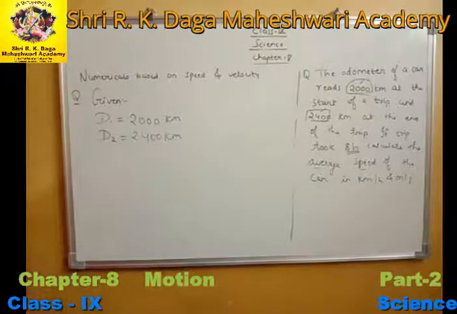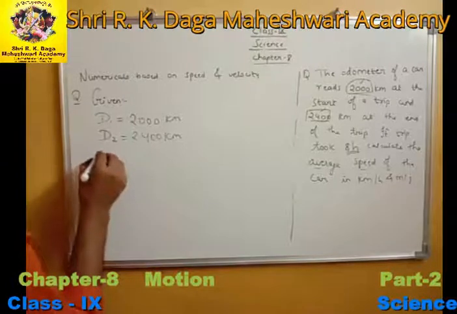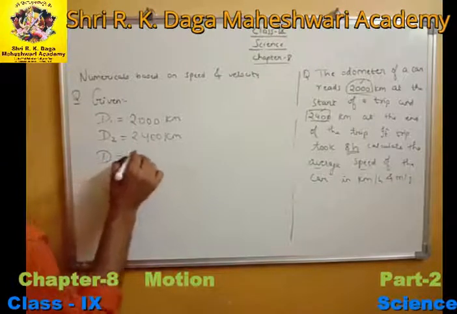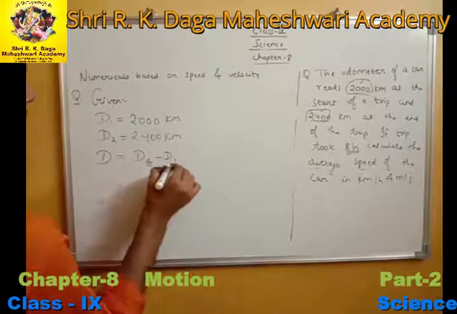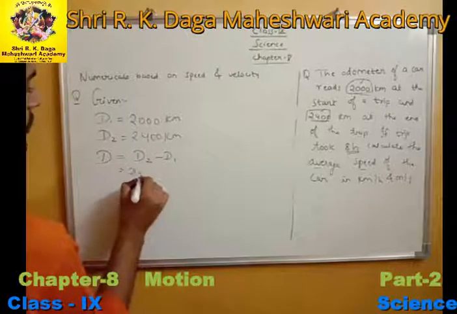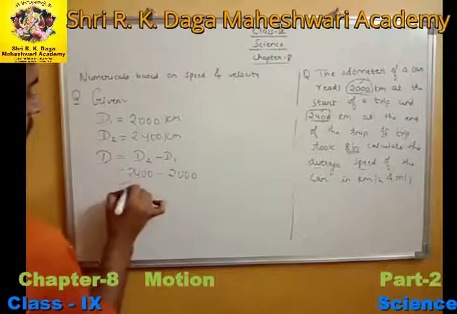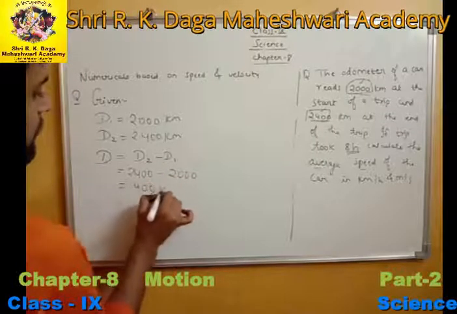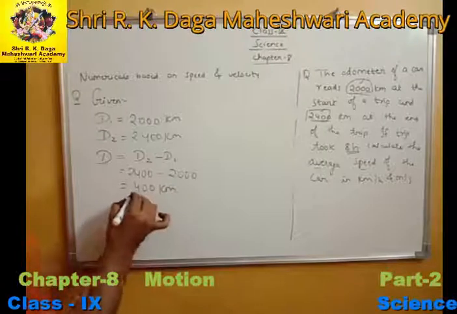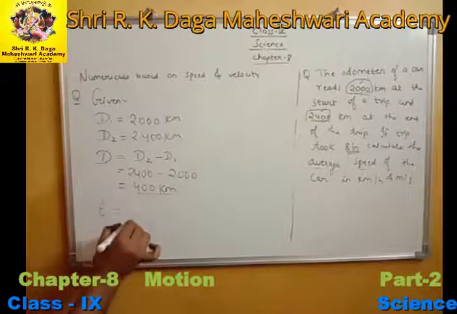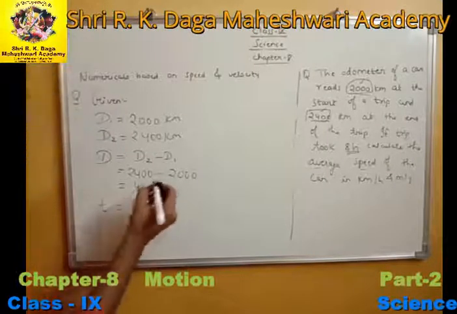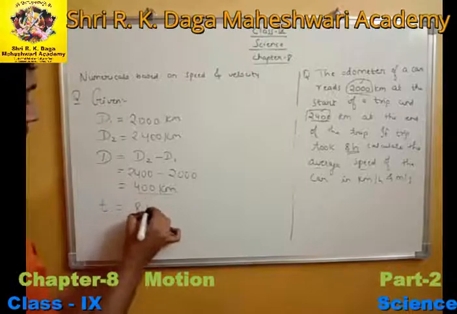So how much distance we have covered? It will be d2 minus d1, that is 2400 minus 2000, which is equal to 400 kilometer, right? And the time taken by the car to cover this distance is 8 hours.